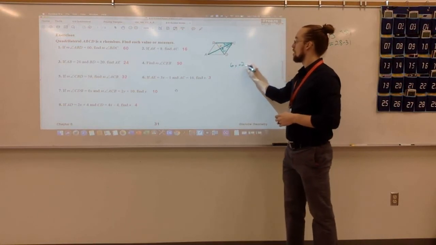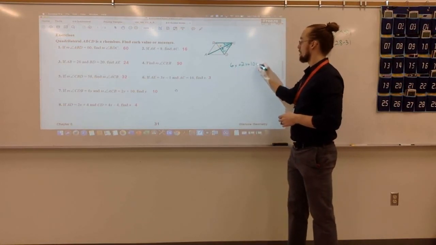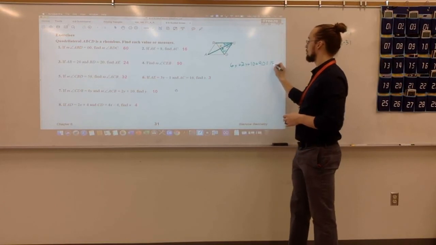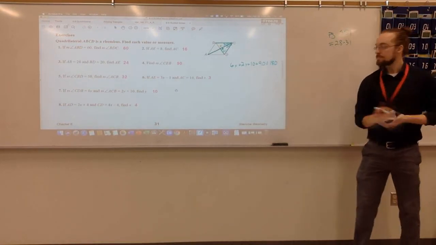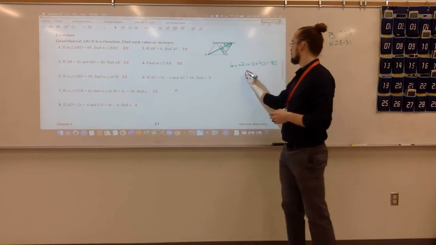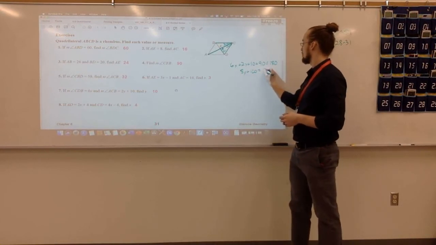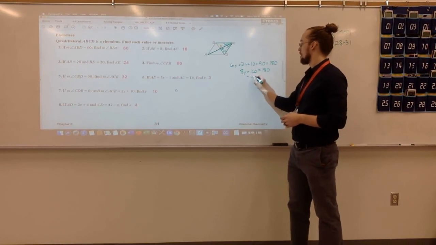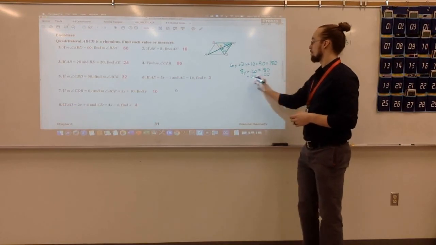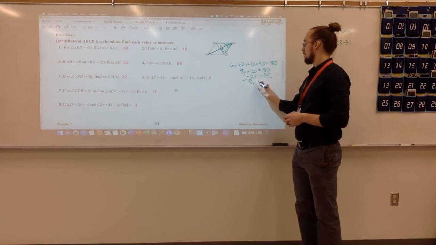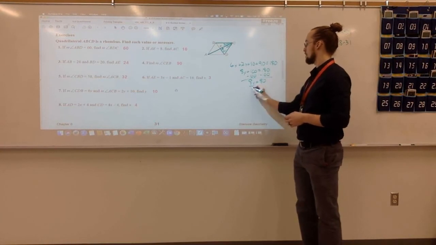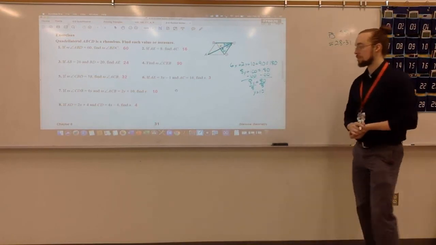So 6y plus 2y plus 10 plus 90 equals 180. Combine my like terms. So I'll have 8y plus 100 equals 180. Subtract the 100 over. 8y equals 80. Divide by 8. y will be 10.